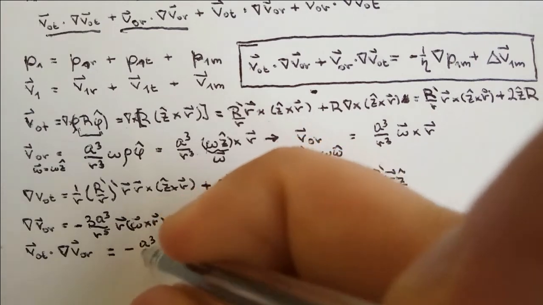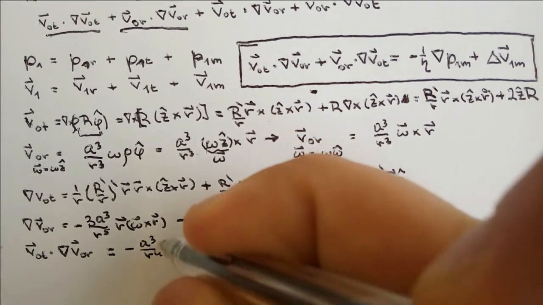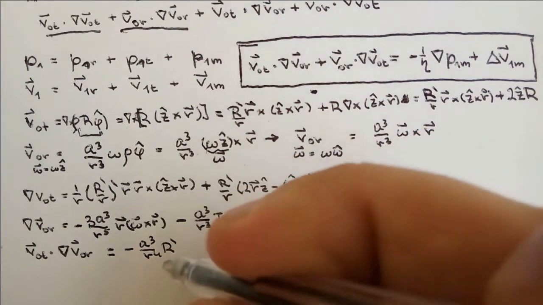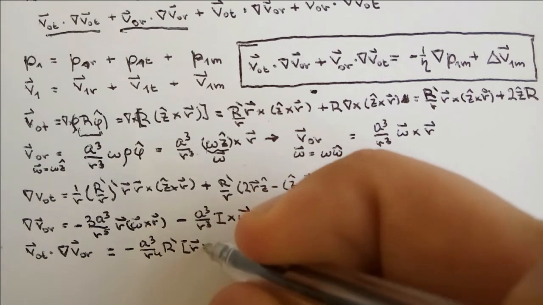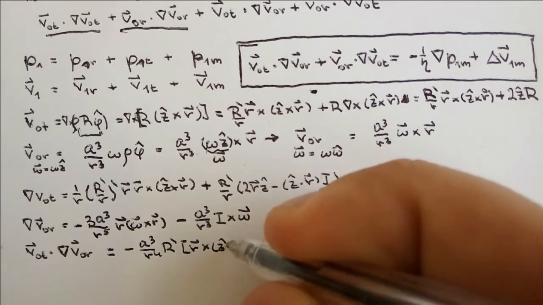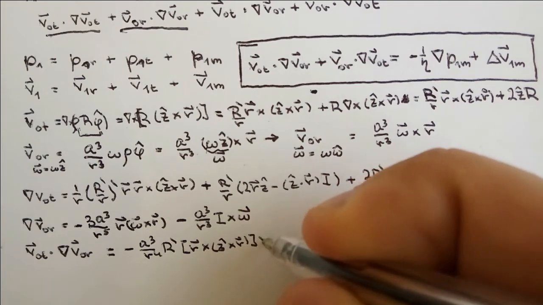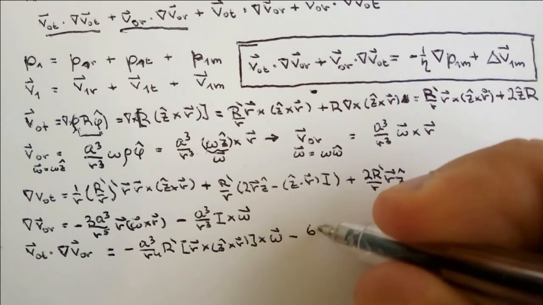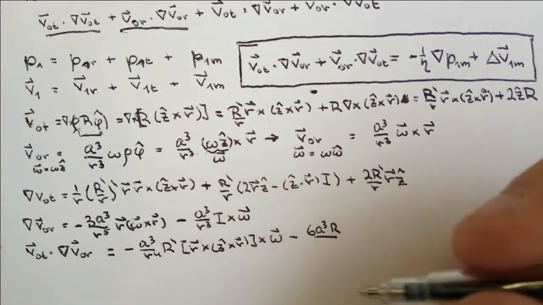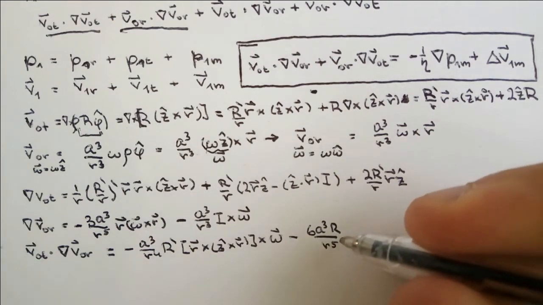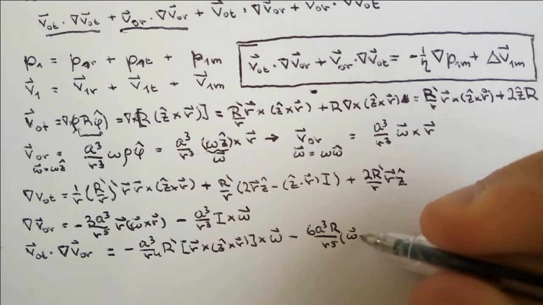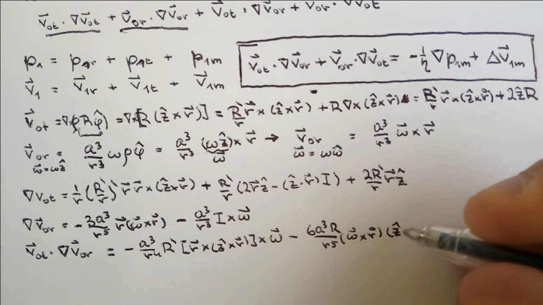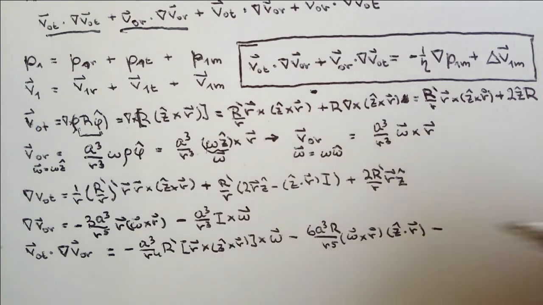This is the result: a cubed over r to the 4th power, r prime times r cross z cross r cross v cross omega, minus 6a cubed r to the 5th power, omega cross r, z hat, r over cubed, z hat cross omega.